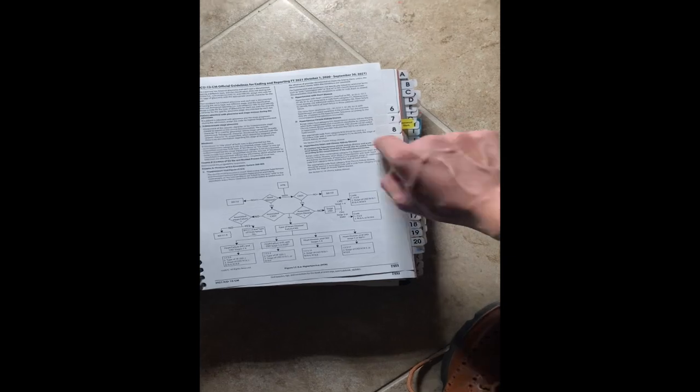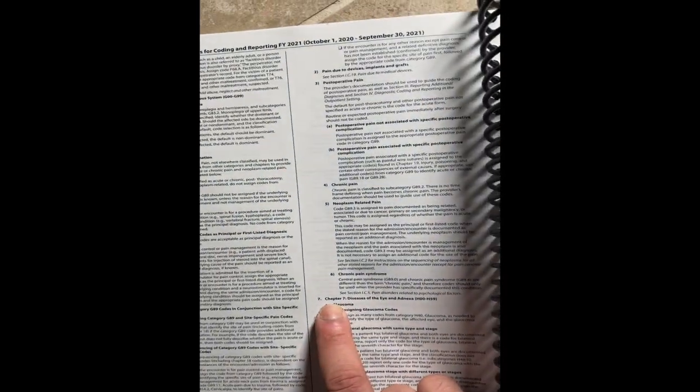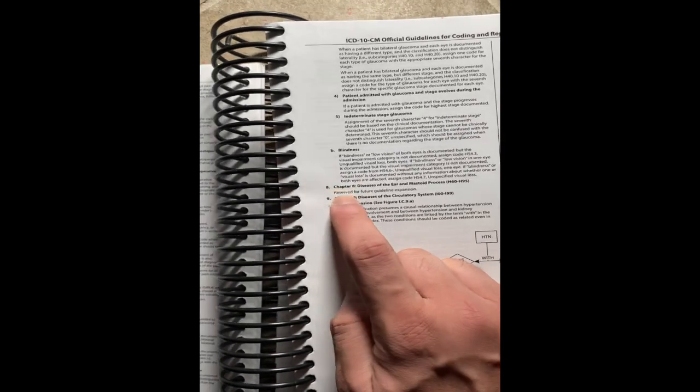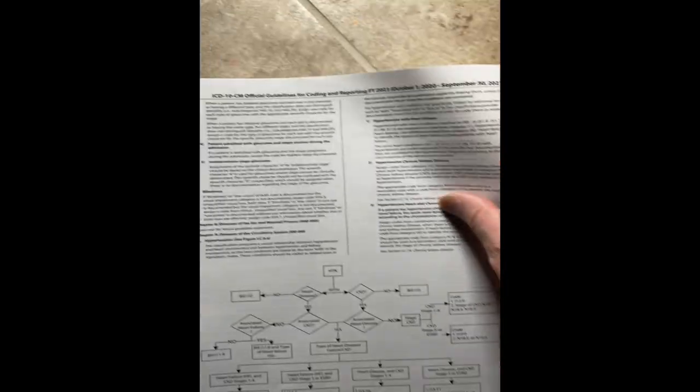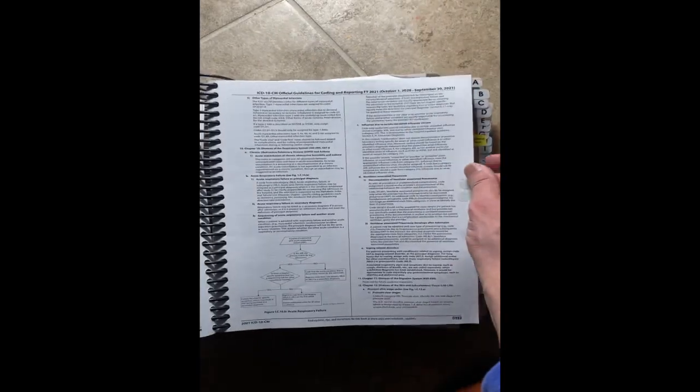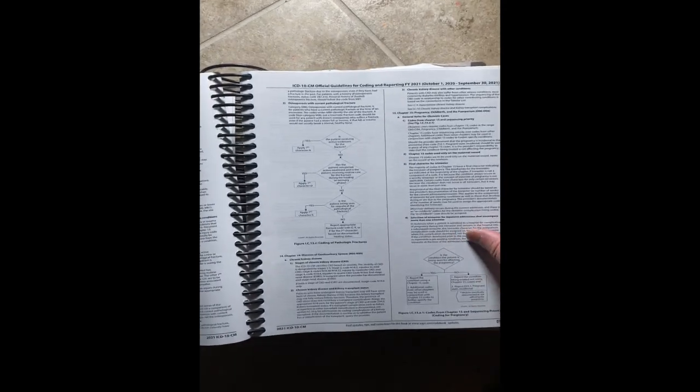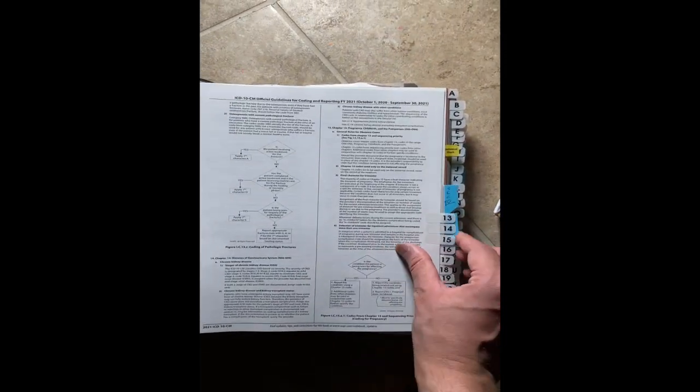6, 7, 8, and 9 are all on the same page. So you can see here 6, 7, 8, and then 9, so all the tabs are on the right side there. 10, 11, 12, same thing. 13, 14, 15, same thing.